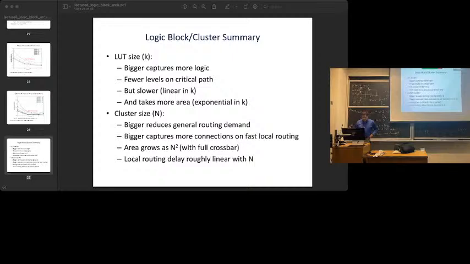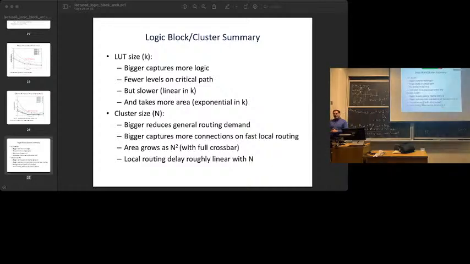Cluster size: bigger captures more signals in the local routing and reduces general routing demand. So that's good. In this case, their local routing was a full crossbar, so its area grows with n squared, which means they can't go to really big clusters. It starts becoming not good. And the local routing, because it's built with muxes, its delay is also increasing as these muxes get bigger.